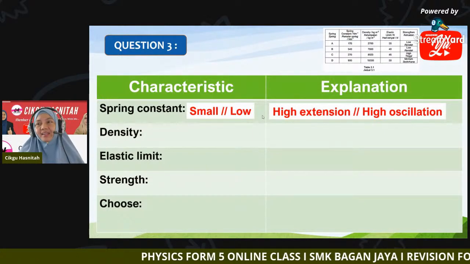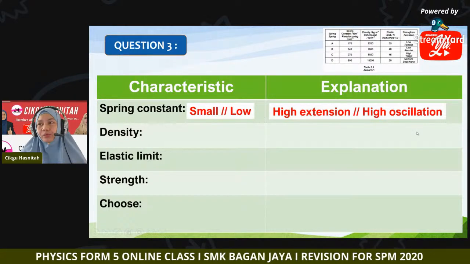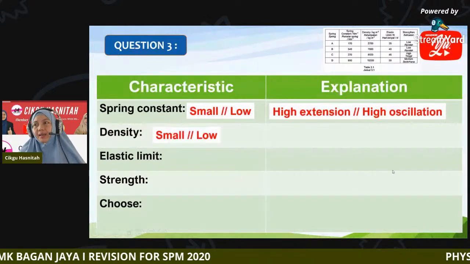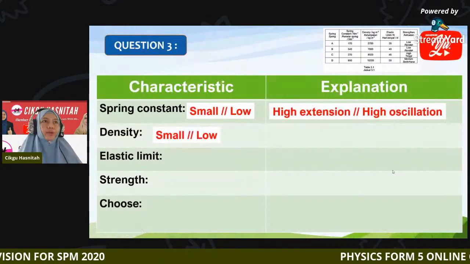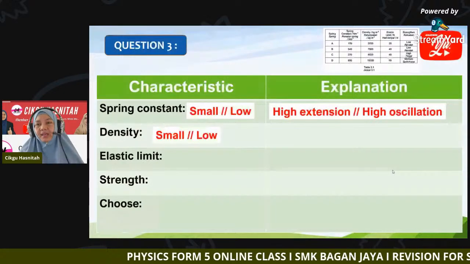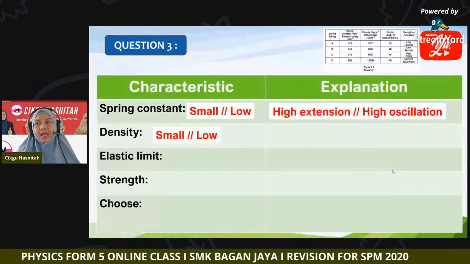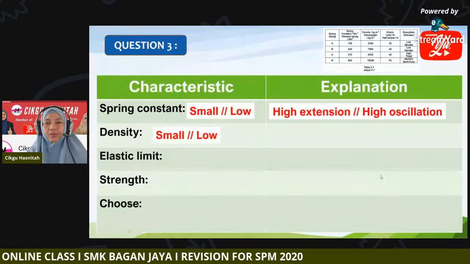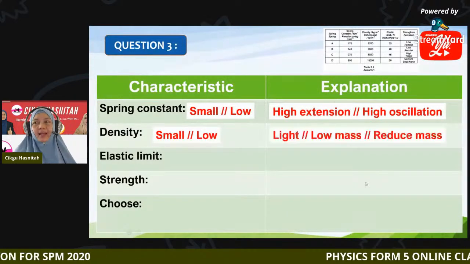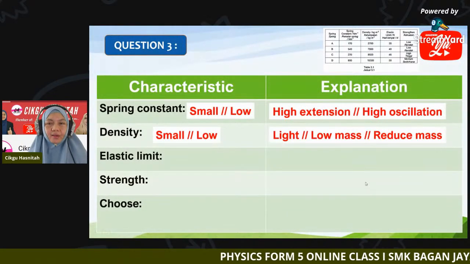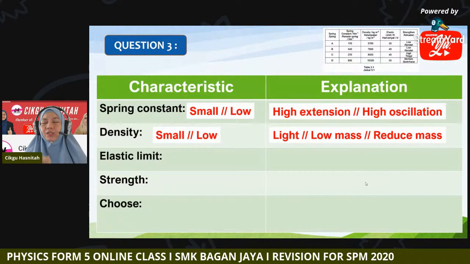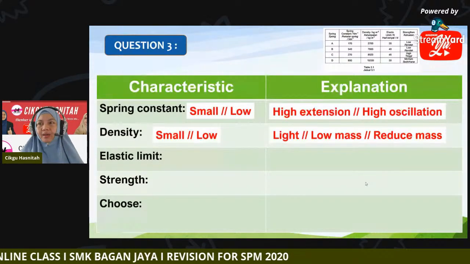This is the connection with the density. So we choose a cradle with small or low density. Why does the density have to be low? Yes, so that it will be light. The cradle will be light, or you can say low mass, or to reduce the mass of the cradle.